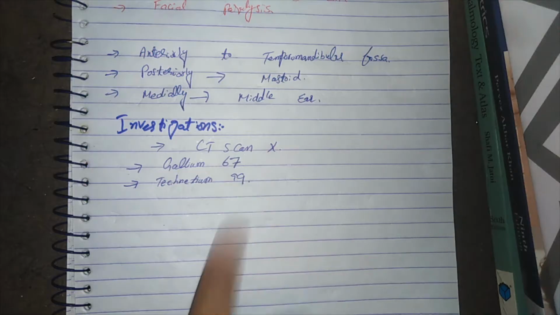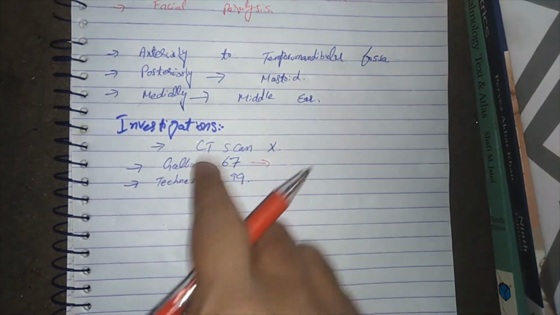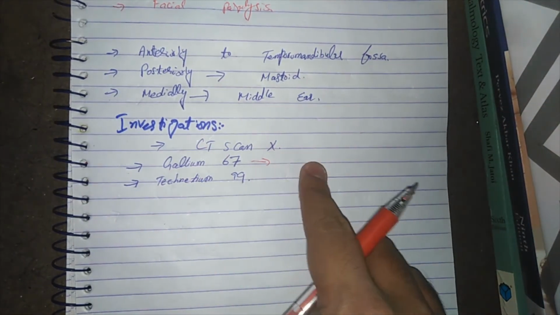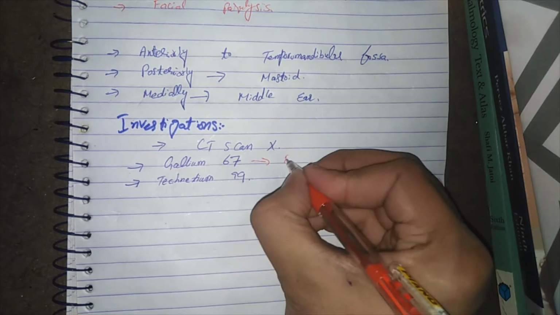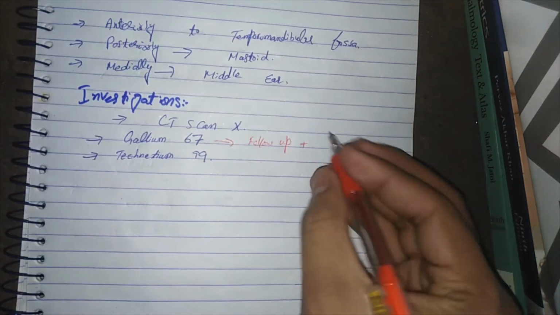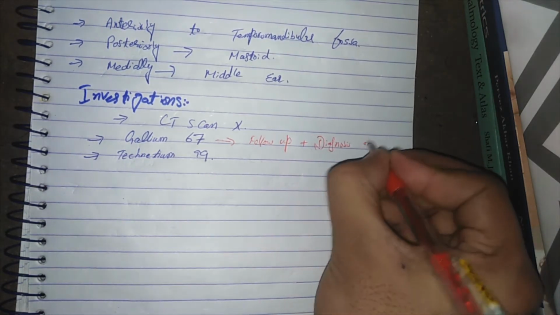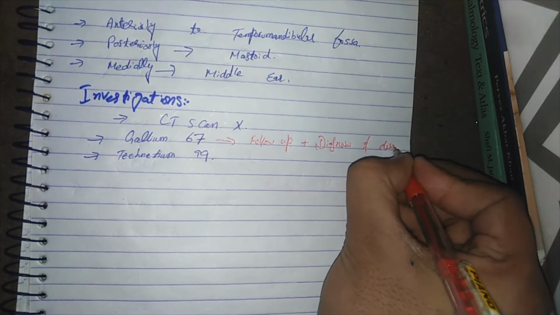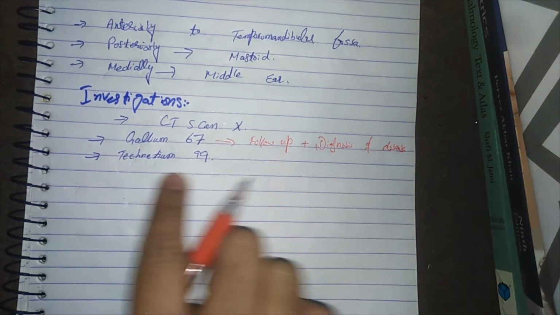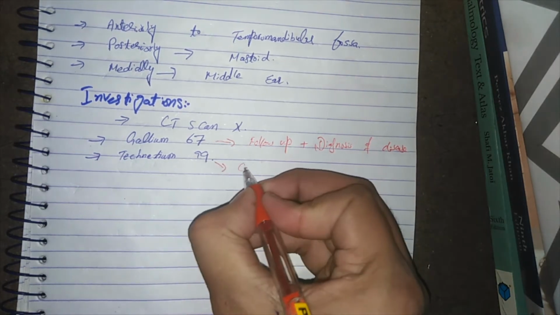Gallium 67 can be used to diagnose the disease and can also be used as follow-up. Follow-up plus diagnosis. But technetium 99 cannot be used as follow-up.